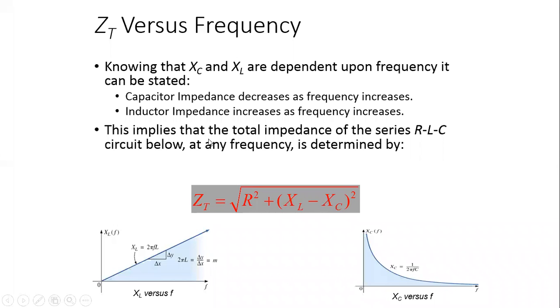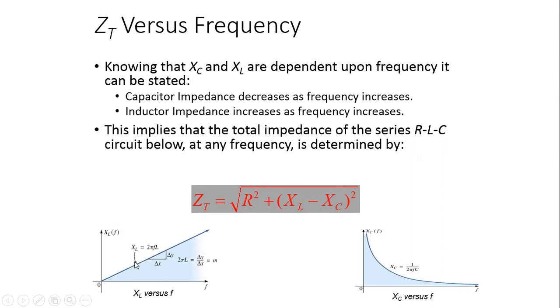Getting it? So here there are two curves. One is XL versus F, that is the inductive reactance versus the frequency, and the other is the capacitive reactance versus the frequency. See here how the inductor curve is linear, and here you can observe the non-linear characteristics. In short, the reactance is directly proportional to the frequency here, and here it is inversely proportional.